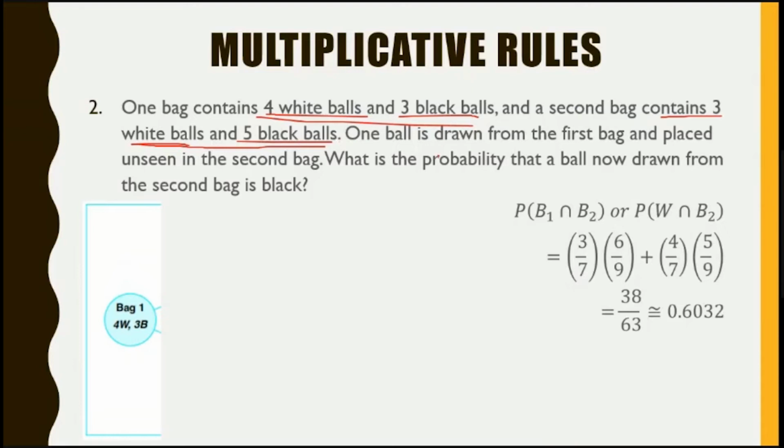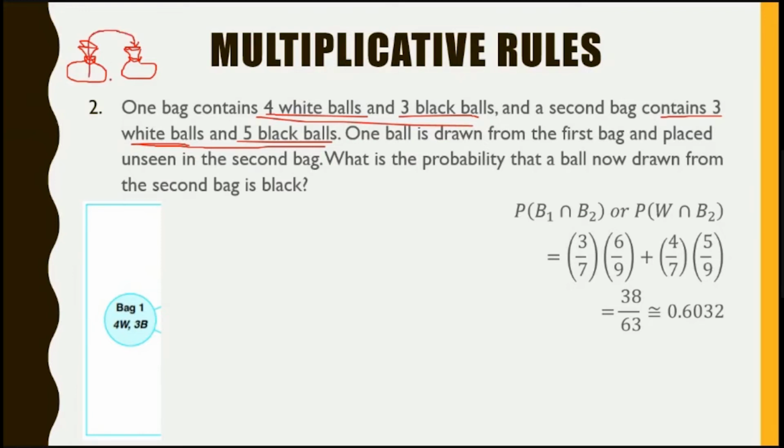One ball is drawn from the first bag and placed unseen in the second bag. So if you have a first bag, how do we create a bag? Okay, let's just say that this is a bag, an old bag, and this is the rope here. We will get one ball and transfer it to the second.